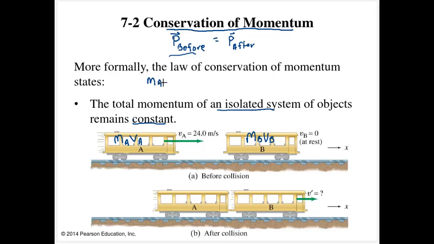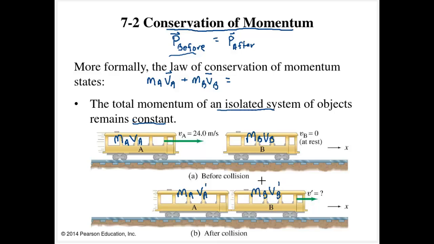So mass of A, velocity of A, plus mass of B, velocity of B. That is the momentum of my system before the collision occurs. That must be the momentum after the collision occurs. So mass of A, velocity of A prime, plus mass of B, velocity of B prime.